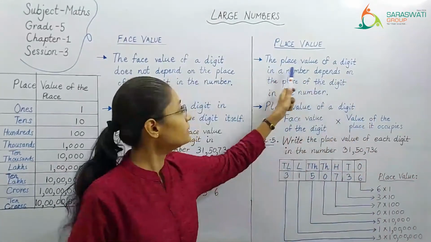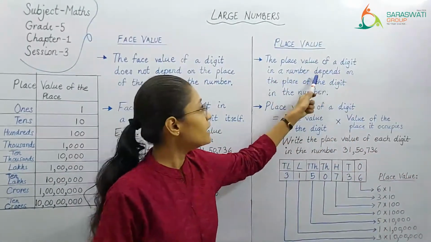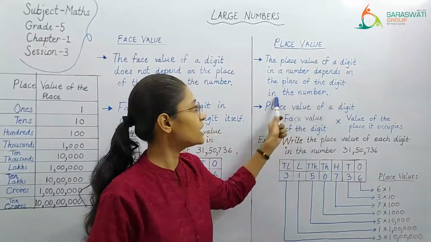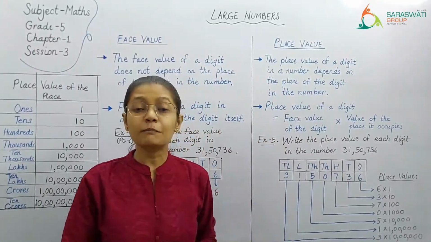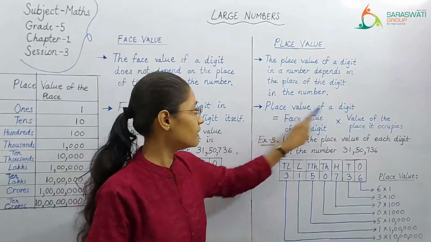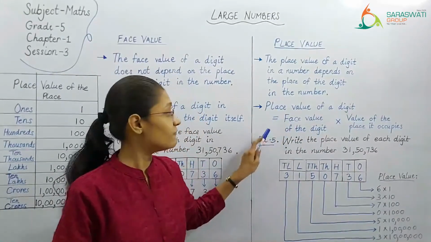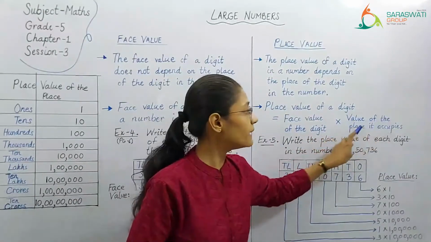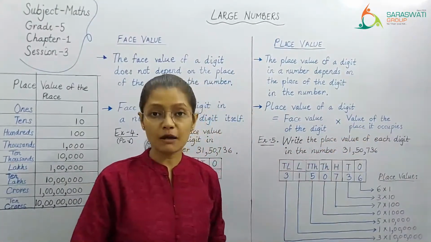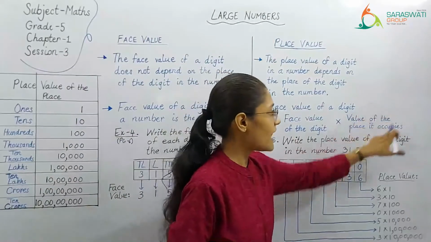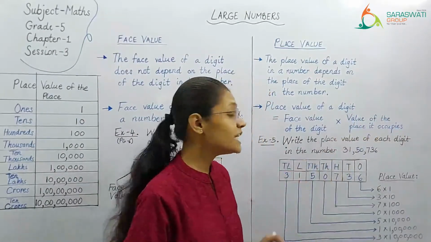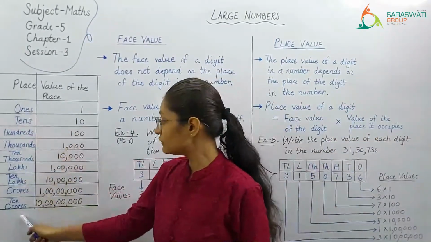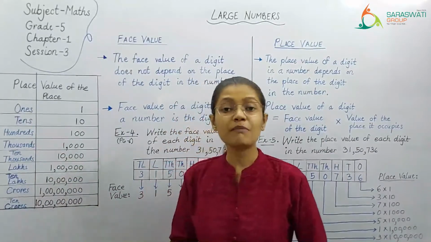Now, the place value of a digit in a number depends on the place of the digit in the number. The place value of a digit in a number is equal to the face value of the digit multiplied by the value of the place it occupies in the number. The value of each of the places from 1 to 10 crores should be by heart to us.